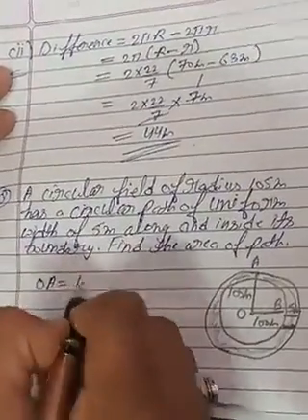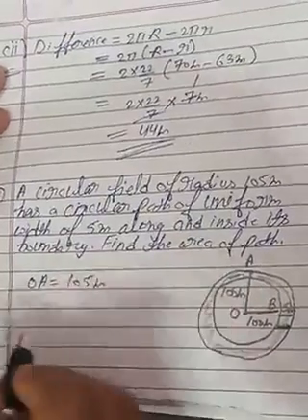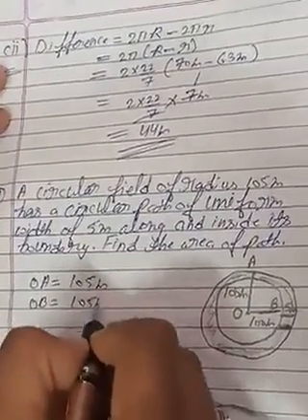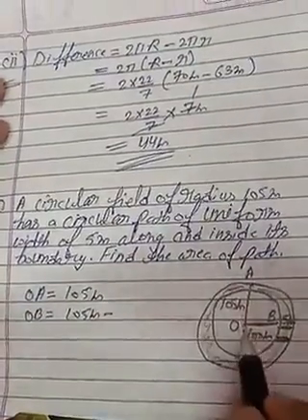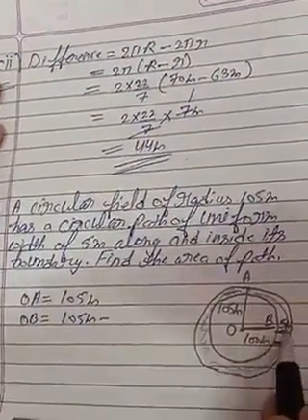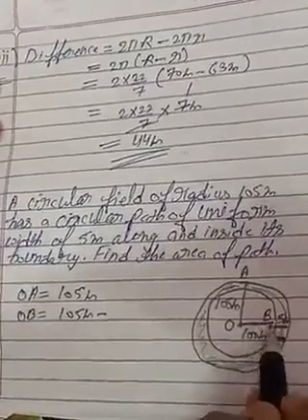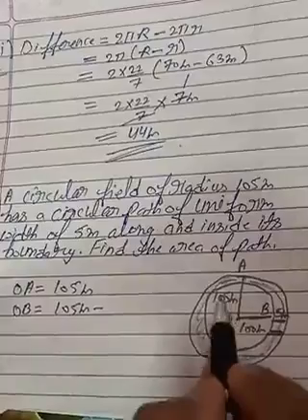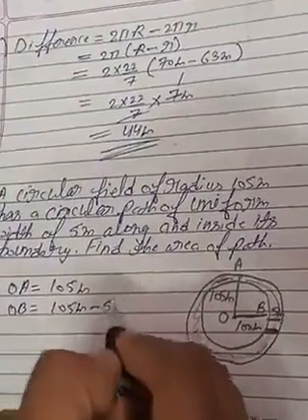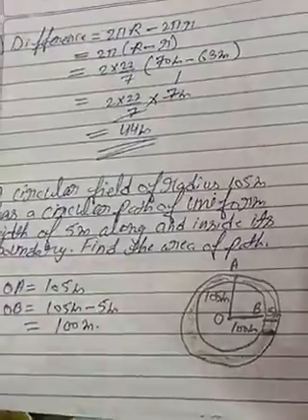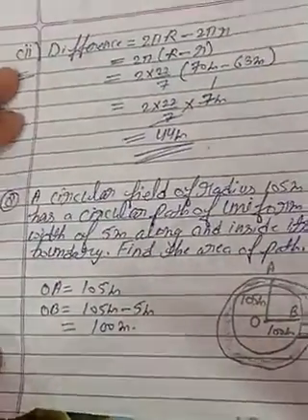Then OB is equal to 105 meter minus 5 meter, because from here to here radius is 105 meter, and 5 meter is less here from here to here, OB. So we will subtract 5 meter from 105 meter. So it will come 100 meter. So we have both the radii.